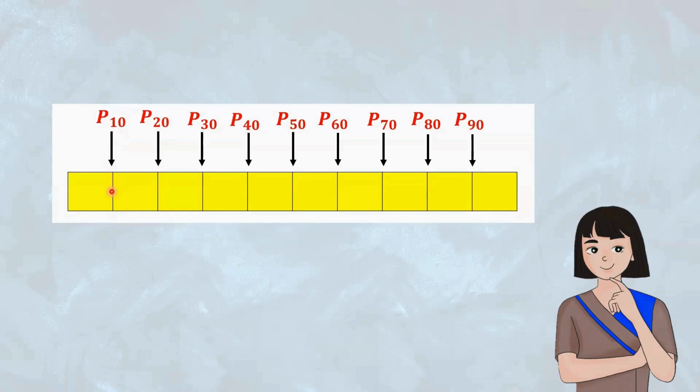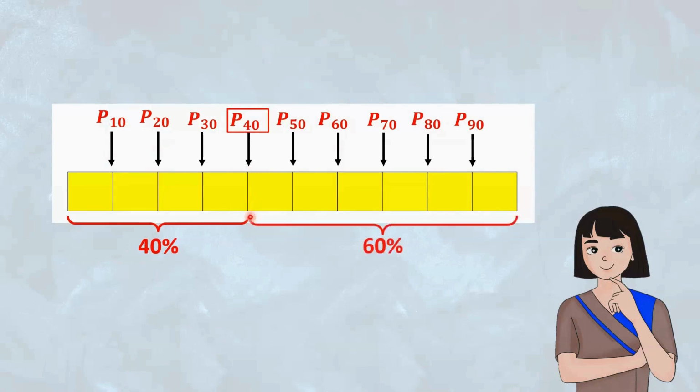Next, if a score falls on percentile 40, it means that 40% of the distribution is less than or equal to that score, and the remaining 60% are greater than or equal to that score.